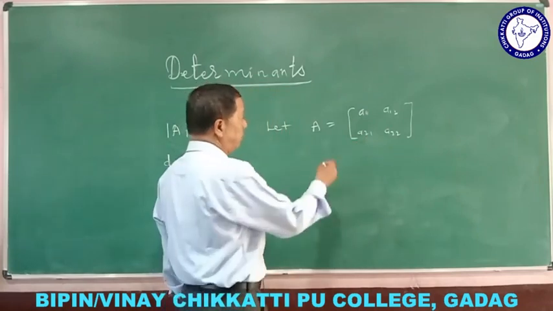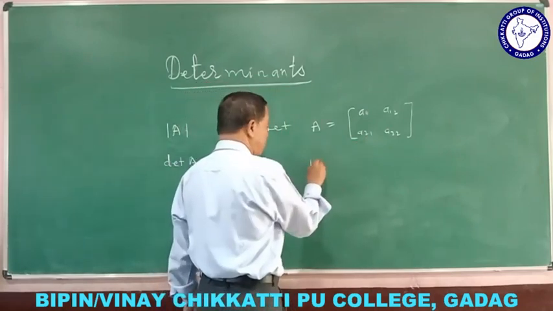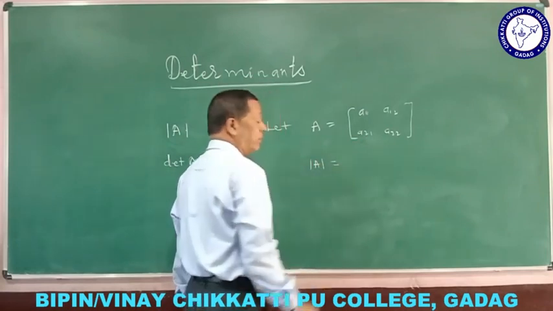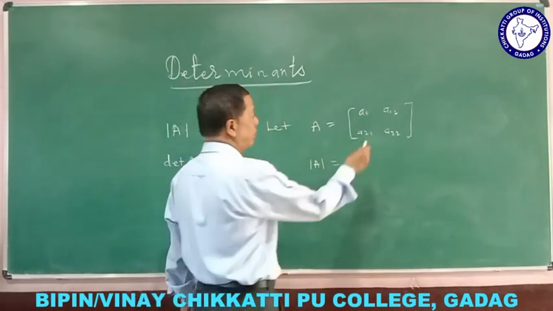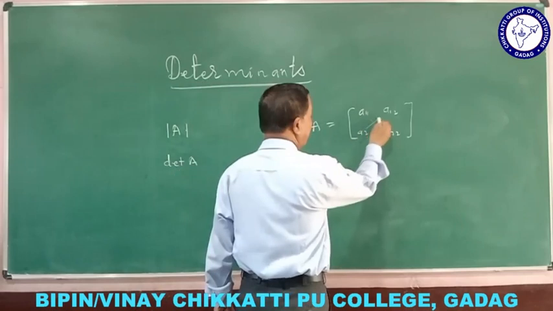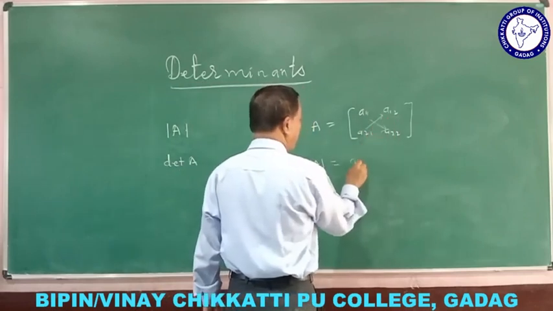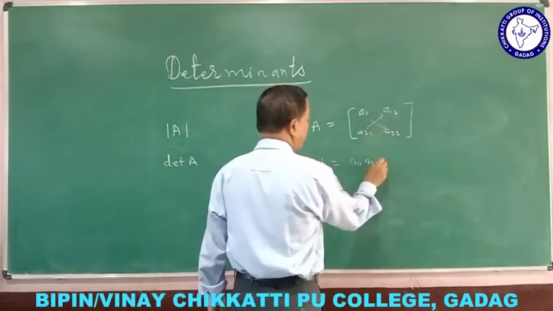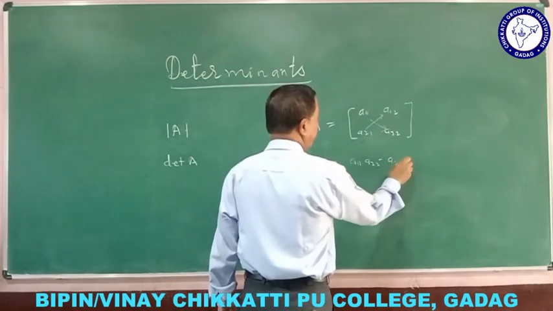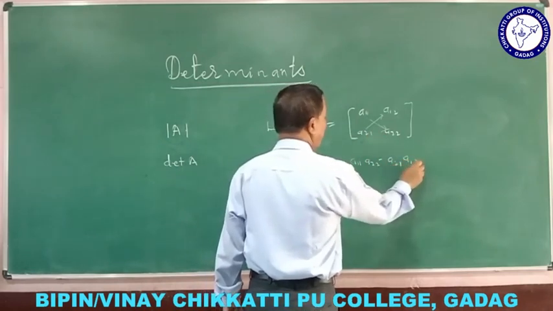Here this is associated with a number. The determinant of A is defined like this: a11 a22 minus a21 a12. This is the number.